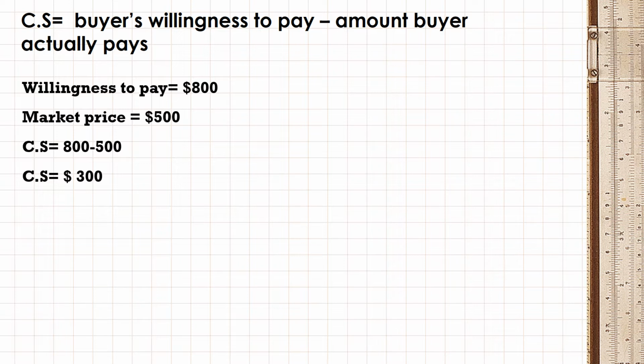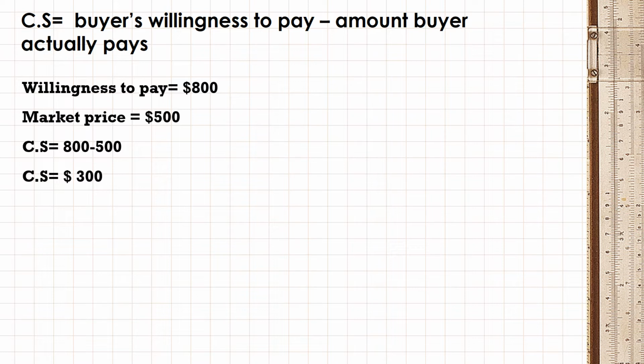But then you visit the market, you analyze the models and prices, and you're actually getting a phone for only $500. So you won't be saying to the shopkeeper, hey, my willingness to pay is 800, so I will pay 800. No, you buy the mobile for $500. So you plug in the values, it's 800, which was your willingness to pay, minus $500, what you actually pay.